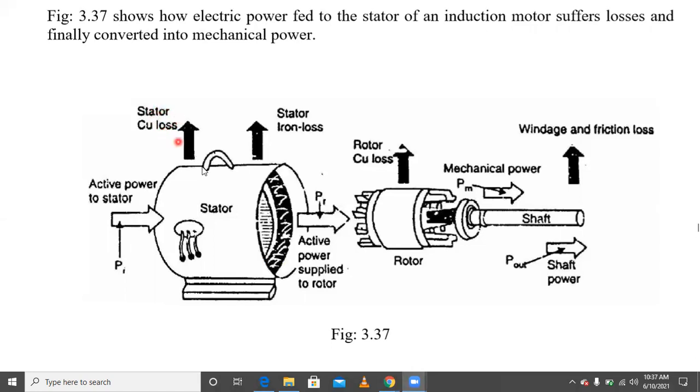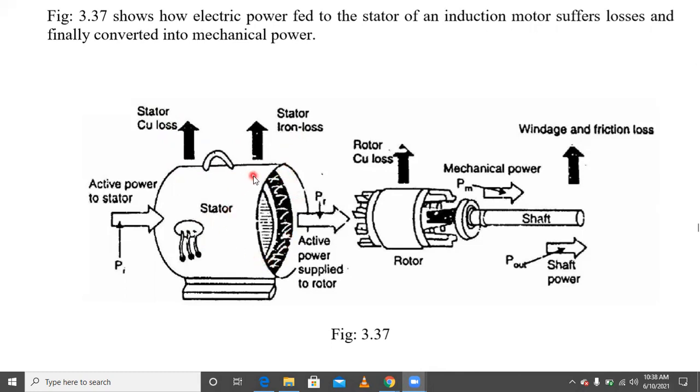In the stator, stator iron loss also takes place. The stator core is made of some material, iron or silicon.